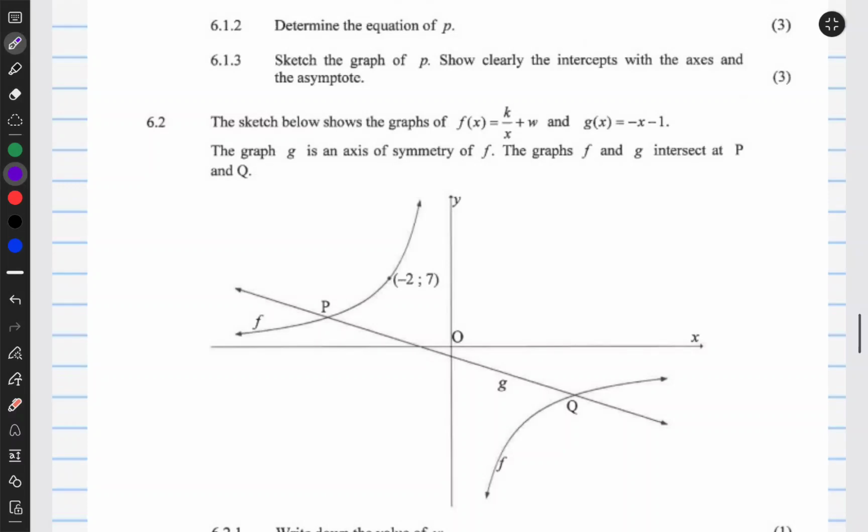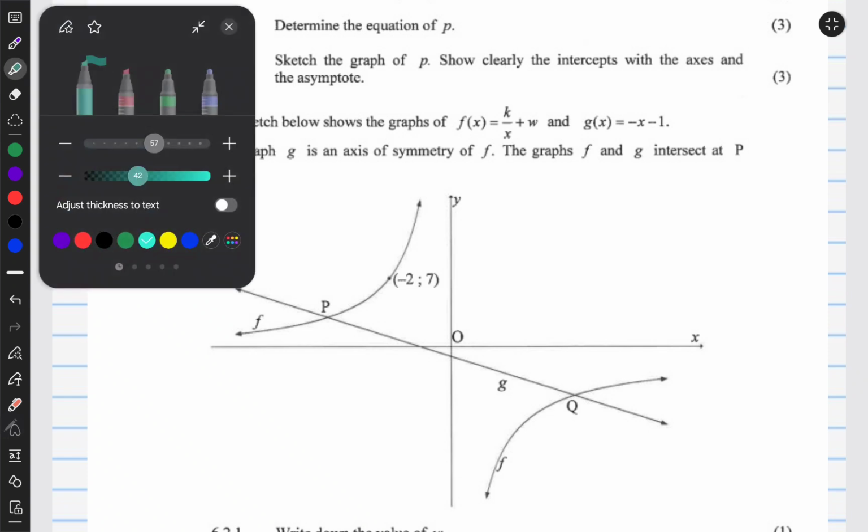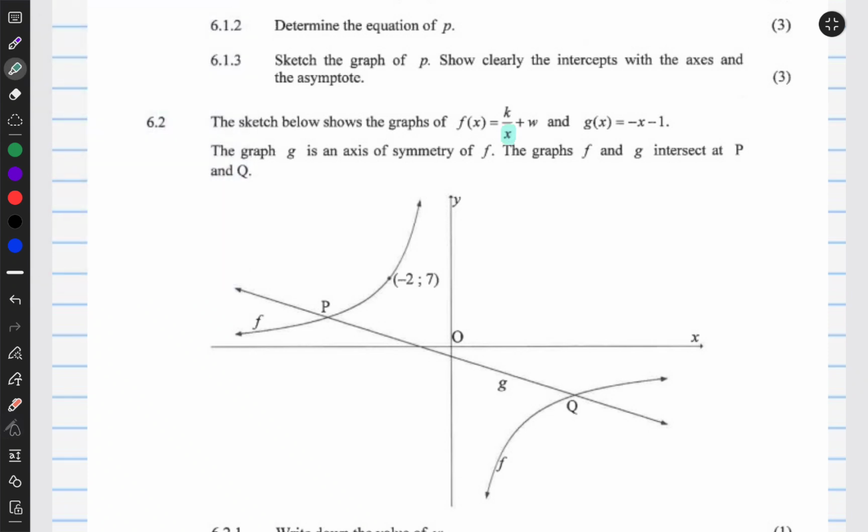Next, for 6.2, the sketch below shows the graphs of f(x) = k/x + w. We are seeing an x in the denominator, which tells us we are dealing with a hyperbola, plus w, and that w is the horizontal asymptote. And g(x) = -x - 1.